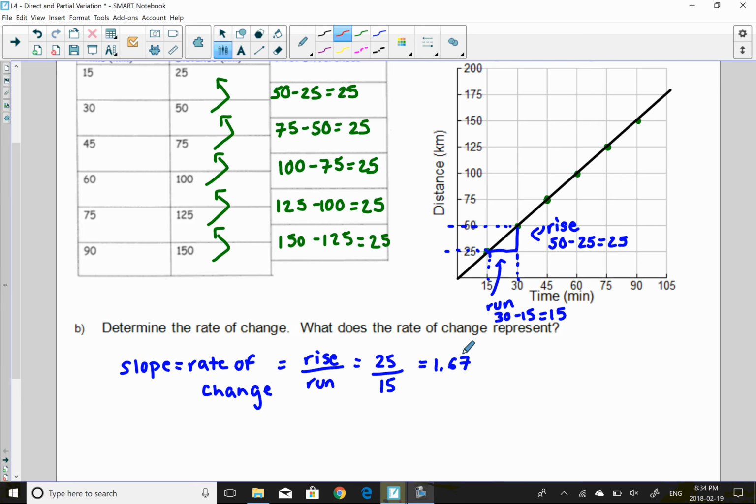Okay. Talking about kilometers and minutes, so this is kilometers per minute. So what the rate of change represents here is they're driving 1.67 kilometers per minute.